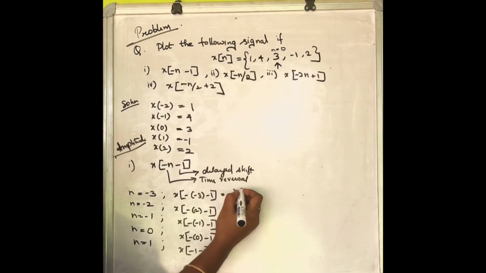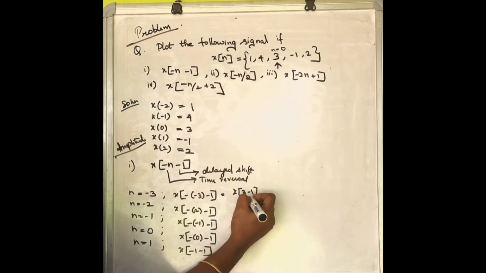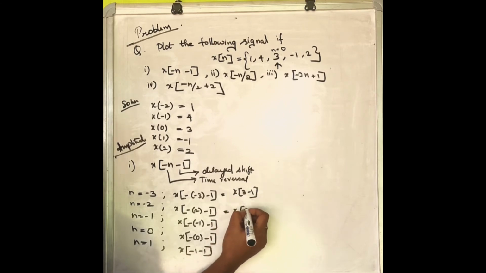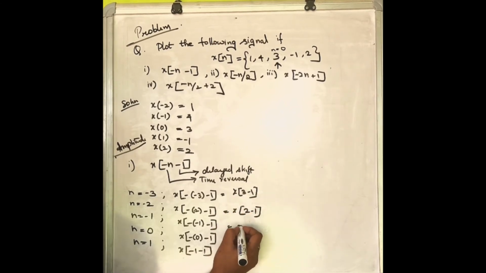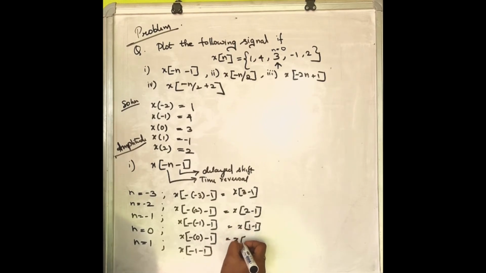The new values will be x of 3 minus 1, x of 2 minus 1, x of 1 minus 1, x of -1, and finally x of -2.